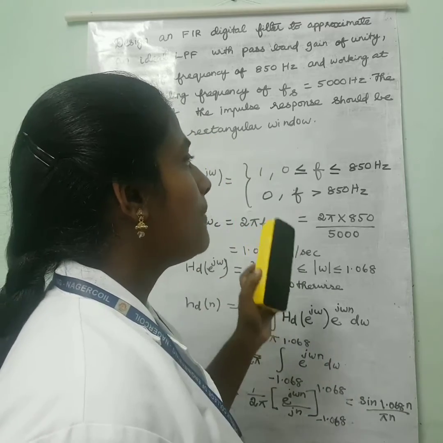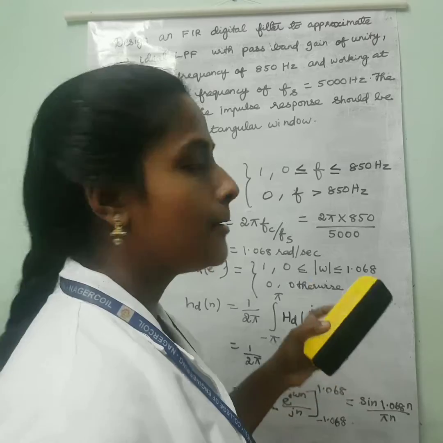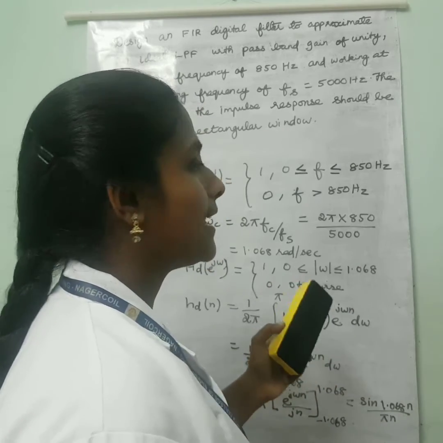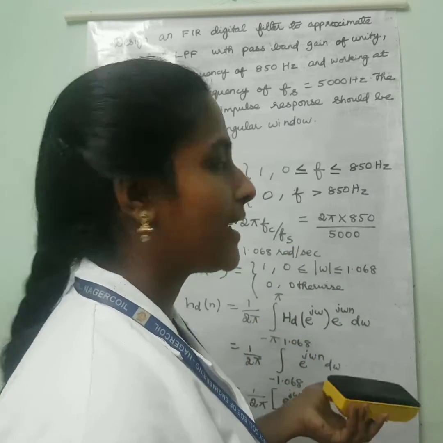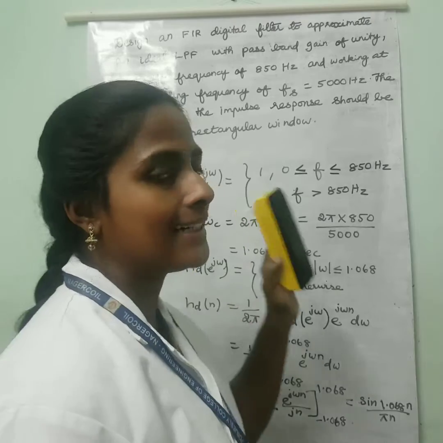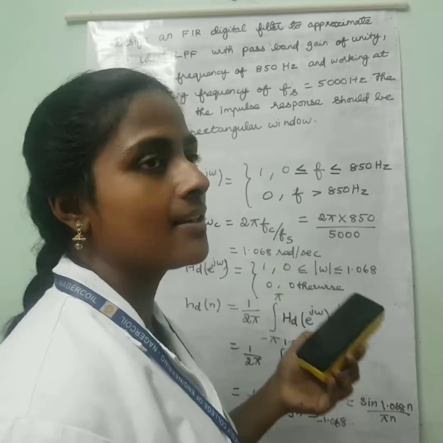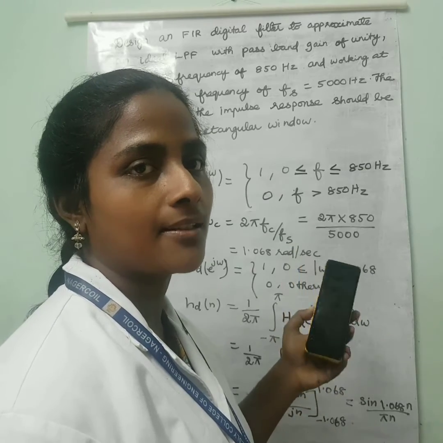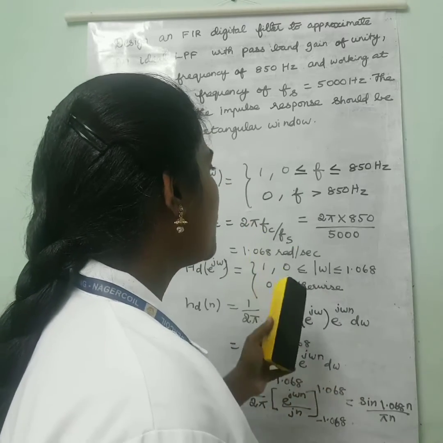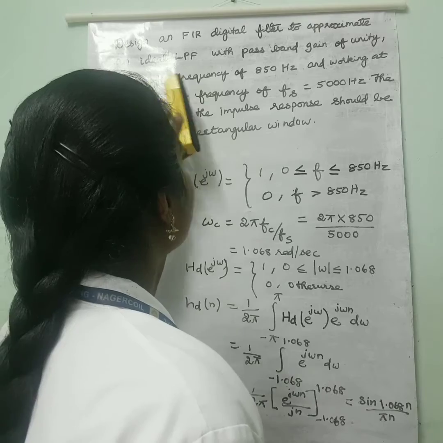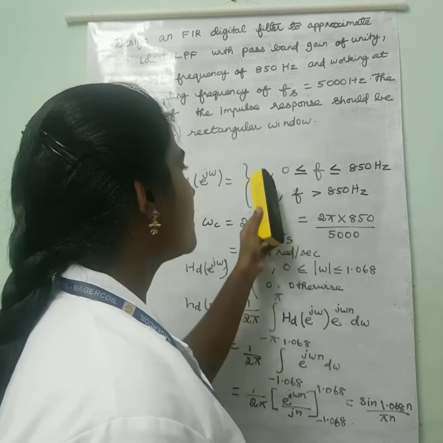So we have minus omega c to plus omega c. The limit will be from minus omega c to plus omega c. In that limit, the value of Hd of e power j omega is 1. The desired frequency response is always equal to 1, as it is a given ideal low pass filter.